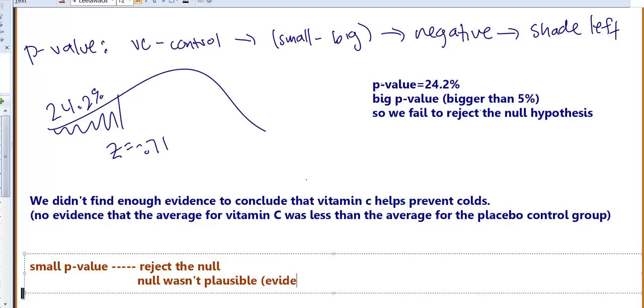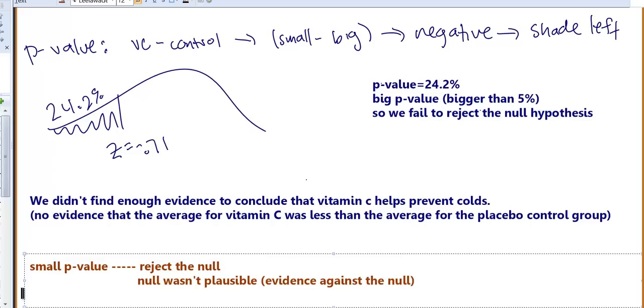We had evidence against the null, which means then that we have evidence for the alternative.